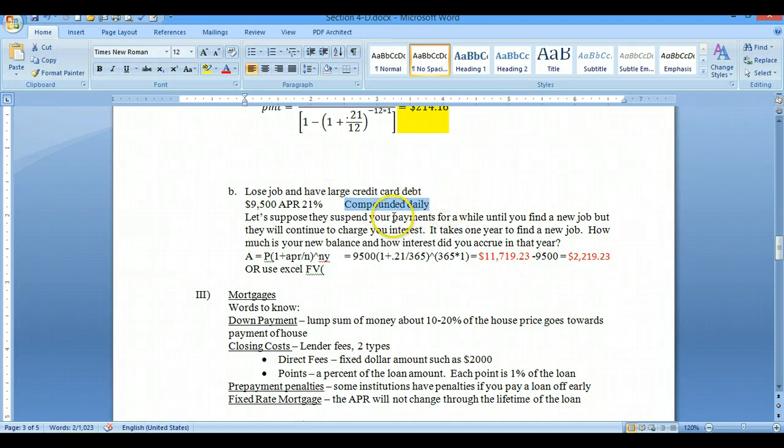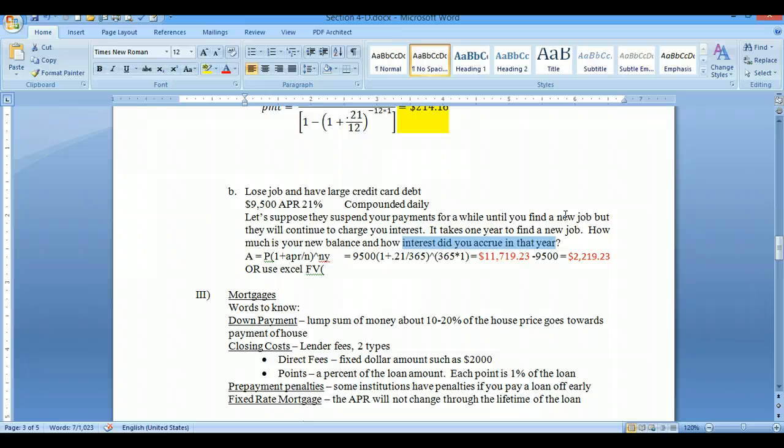So they suspend your payments for a while until you find a job. But while you're waiting, they continue to charge you interest. It takes you 1 full year to find your job, and then you start making payments towards the credit card debt. How much is your new balance at the end of the 1 year, and how much interest did you accrue in that 1 year without paying anything?